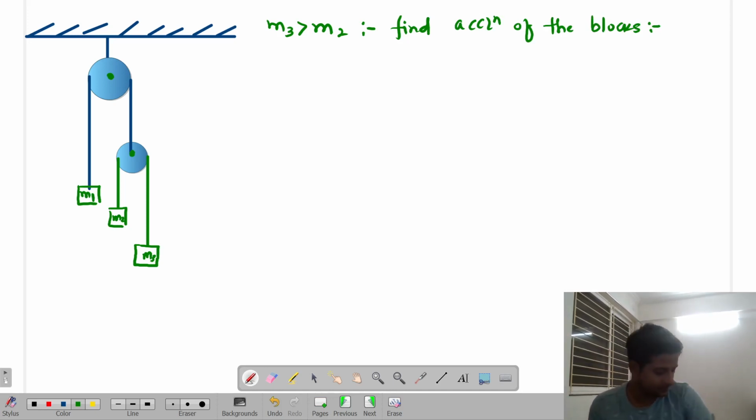Find the acceleration of the blocks. Think once again.